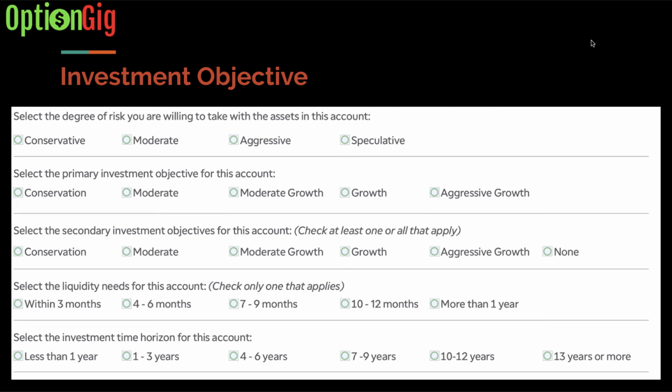So these questions give some insight to the broker firm to understand what you really want to do with your portfolio. And based on that, they will assign you option trading privilege. Say if you're telling them that you're very conservative, you are risk averse, and you need the money that is in this account in the next 4 to 6 months, then they would give you very conservative option trading privileges.